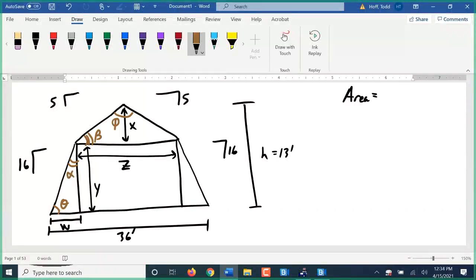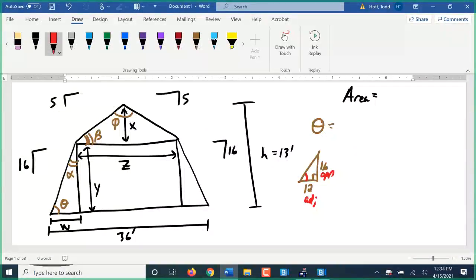Okay, so let's get started on this. The easy part is going to be to find the angles. I'm going to start by finding angle theta, because angle theta simply comes off of that 16/12 slope. So we've got a rise of 16 and a run of 12. Theta is just this angle here. According to that theta angle, 16 would be the opposite side and 12 would be the adjacent side.